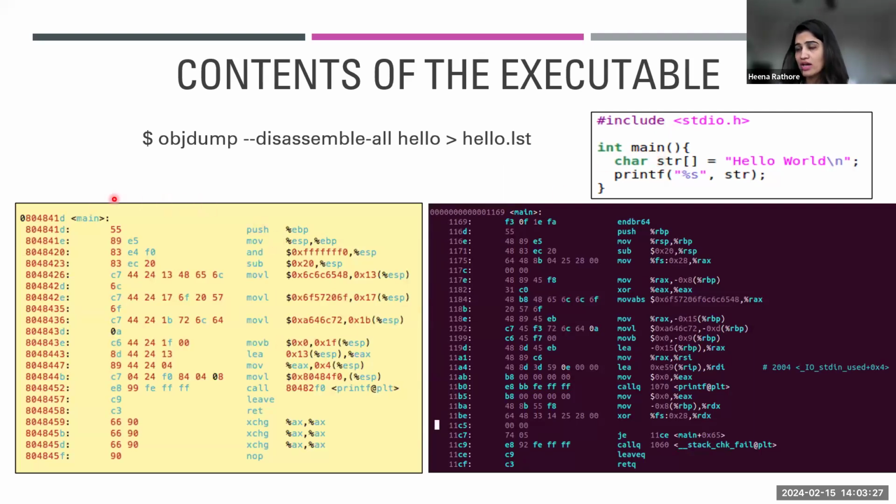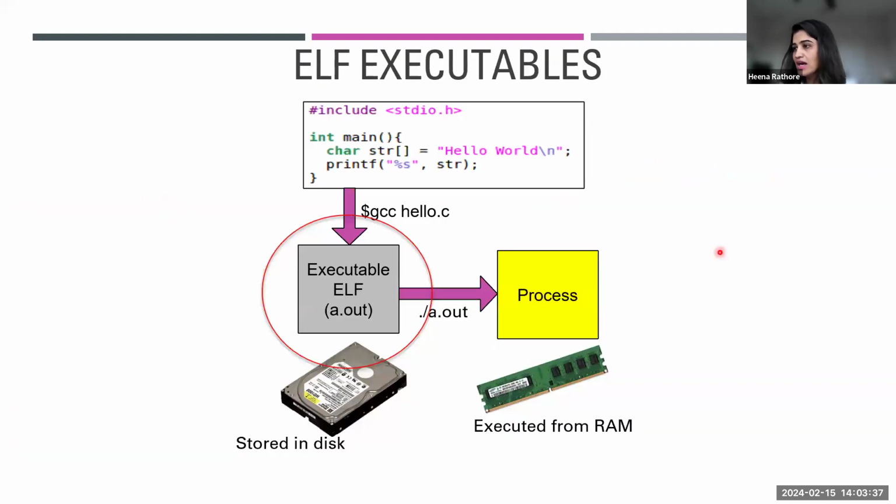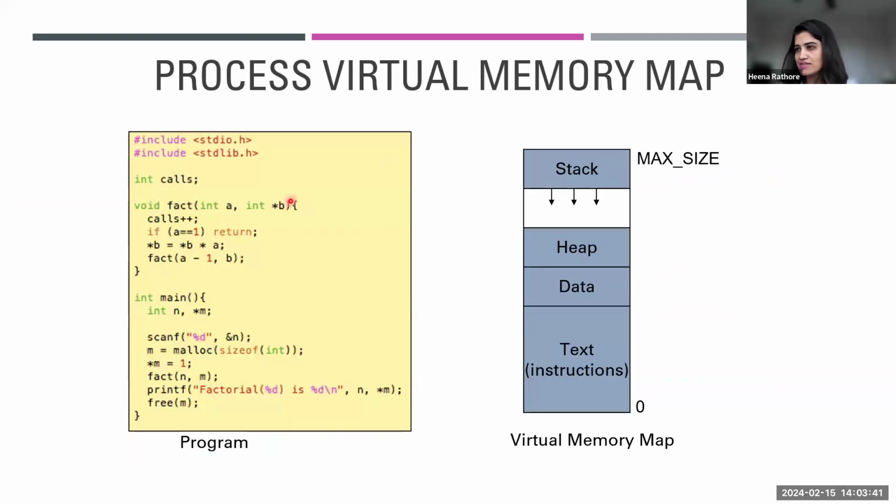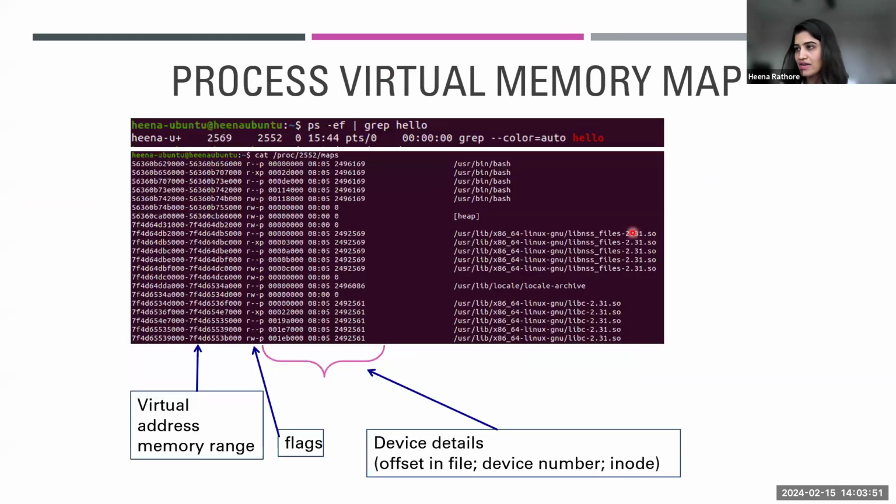This is compiled on a 32-bit machine, and this has been compiled on a 64-bit machine, so EBP gets replaced by RBP and RSP. Then we saw that as soon as a program is executed, a stack is created, and the stack grows from a higher memory address to a lower memory address.